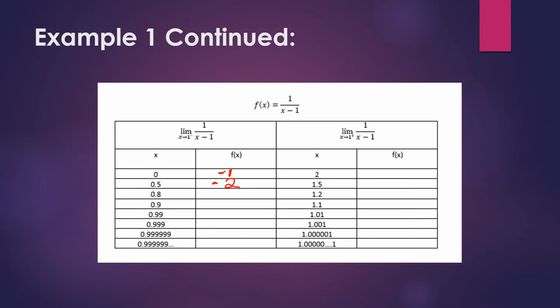Plug in 0.8, that's going to be 1 divided by negative 0.2, which should give us negative 5. If I plug in 0.9, that will be 1 divided by negative 0.1, which gives us negative 10. 0.99 would give us negative 100. 0.999 would give us negative 1,000.